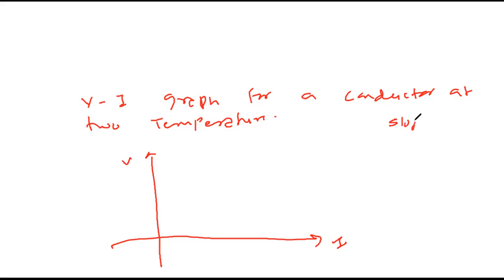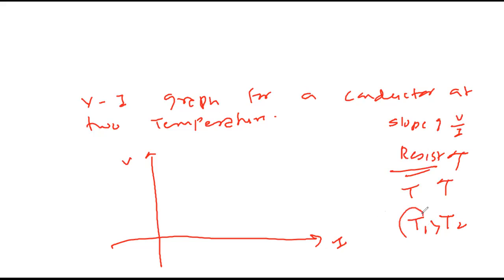The slope of the VI graph is called resistance. This is increasing when temperature is increasing. So if temperature T1 is, suppose, greater than T2, then in this case the slope will be greater because resistance is greater.